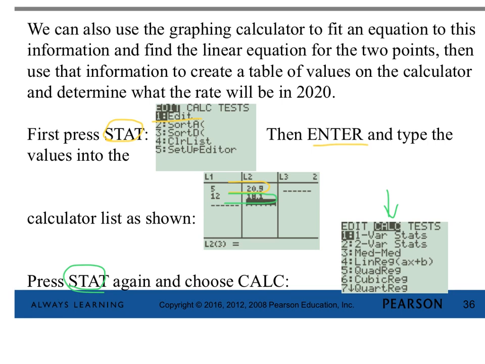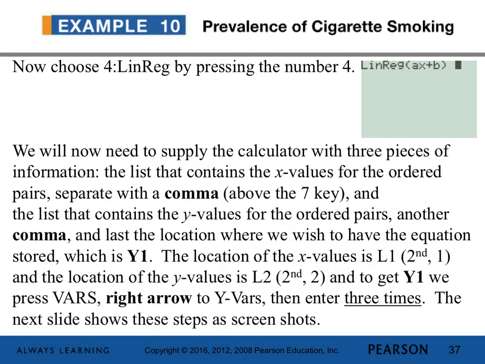I did something called scaling the data, which means that instead of 2005, I simply put in 5, and in 2012, I simply put in 12. Then you're going to choose the fourth option on that page, LinReg, by pressing the number 4, and your calculator screen will look like this.